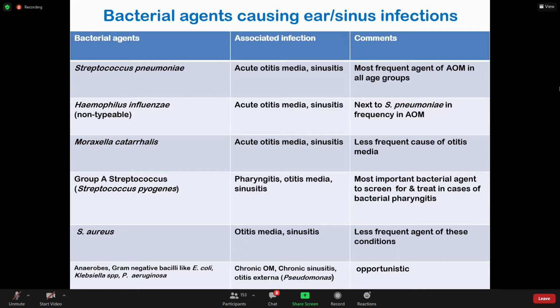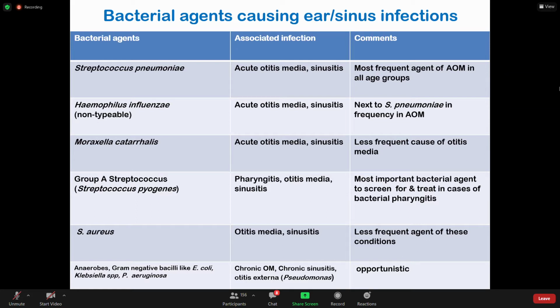Haemophilus influenzae, the non-encapsulated forms. Remember, I said the non-encapsulated ones are also referred to as non-typable, and they tend to cause infections that are associated with mucosal surfaces. They are not invasive.